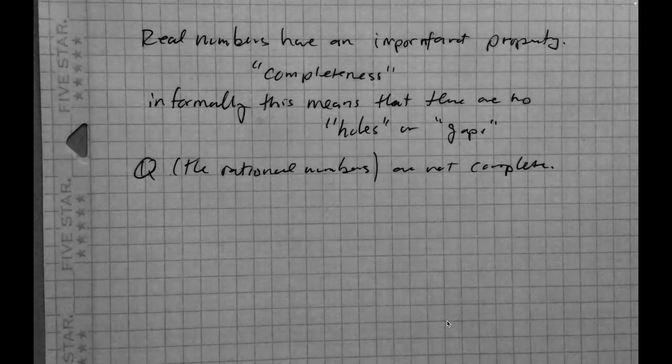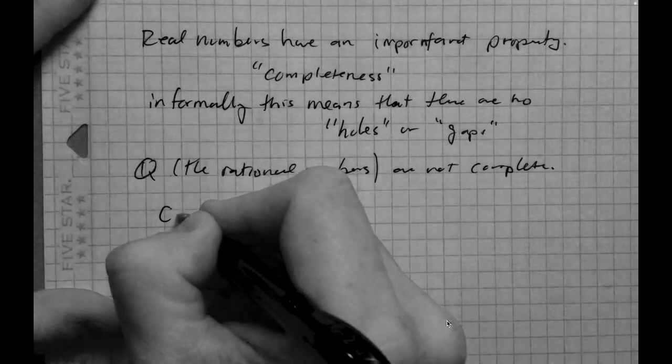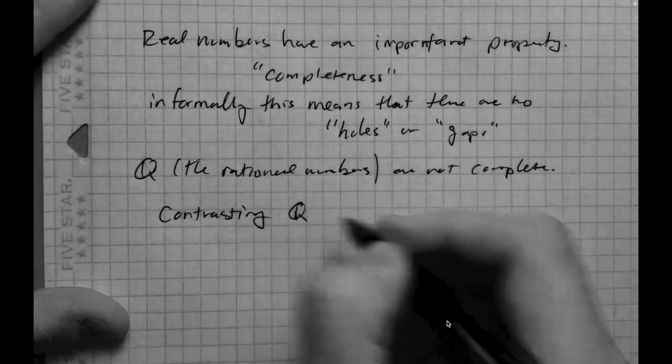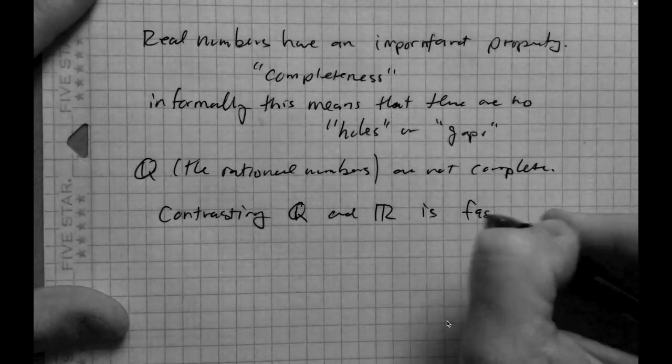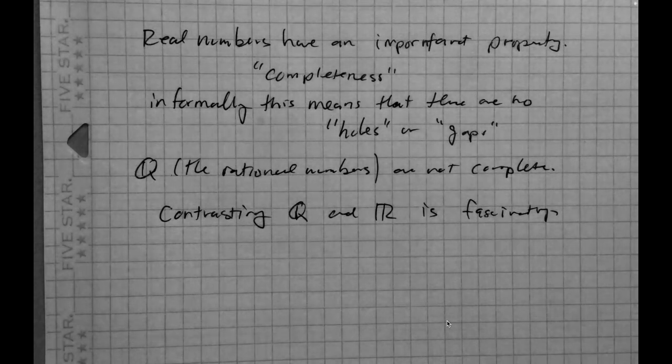Okay, and so when you get into real analysis, this kind of stuff becomes extremely profound. There are some really profound ideas that come out of this completeness property, right? And particularly, contrasting Q and R is fascinating. So you get into different sizes of infinity, for example.